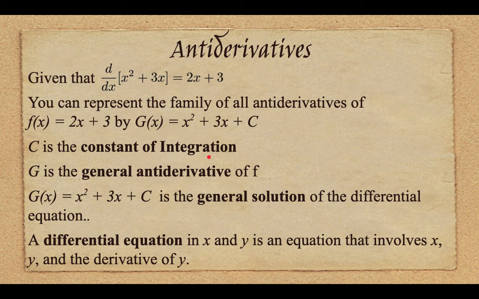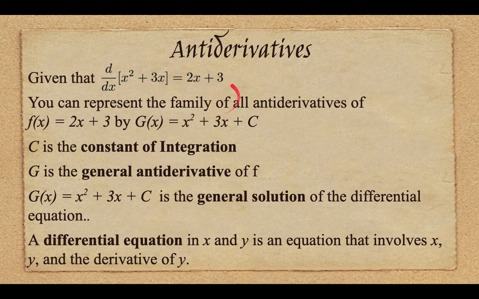So this is some definition, some notation here. If we start with this example, the derivative of x squared plus 3x is 2x plus 3. Then we can talk about the antiderivatives.